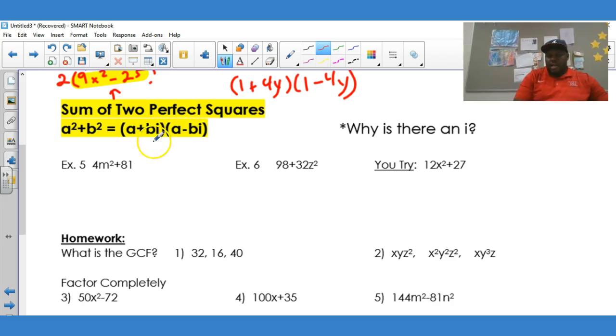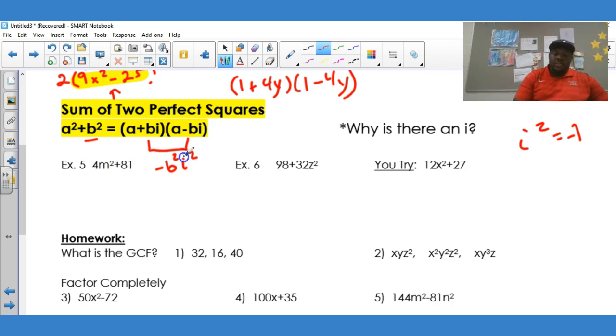A positive times a negative, if I were to FOIL those, will give me a negative b squared. But that i times i is i squared. Well, remember, i squared equals negative 1. So if you have negative 1 times a negative, then it becomes positive b squared, okay?